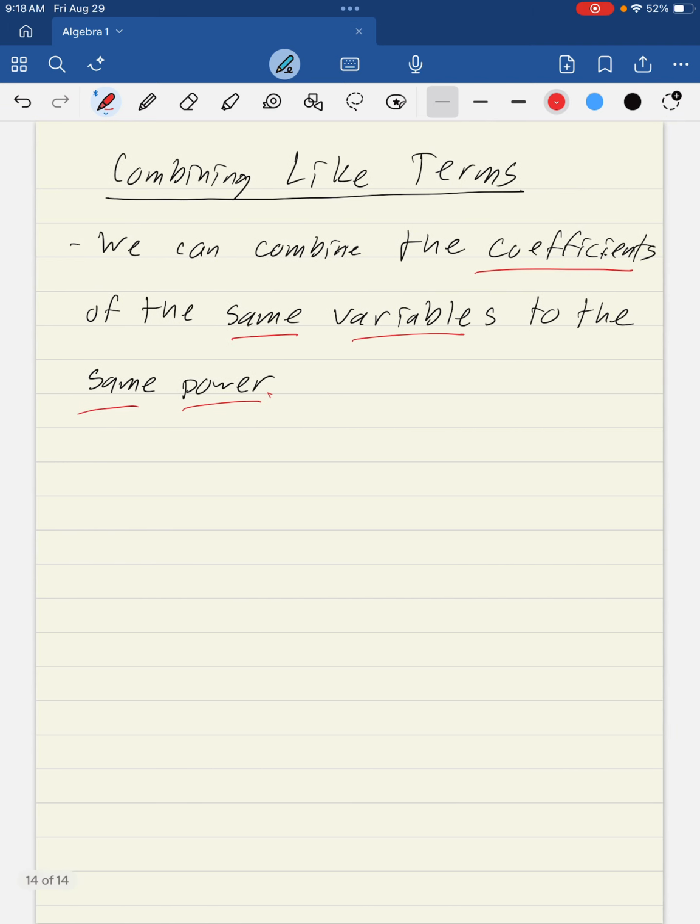And combining like terms. This guy is related to distributive property. And what we do is we can combine the coefficients of the same variables to the same power. What does this actually look like? Well, a coefficient just means the number in front, guys, okay? It sounds really complicated, but it's not too bad. Whoops. I'm actually writing the problem before talking about it. Here we go. So we got 6x plus 11x equals what?